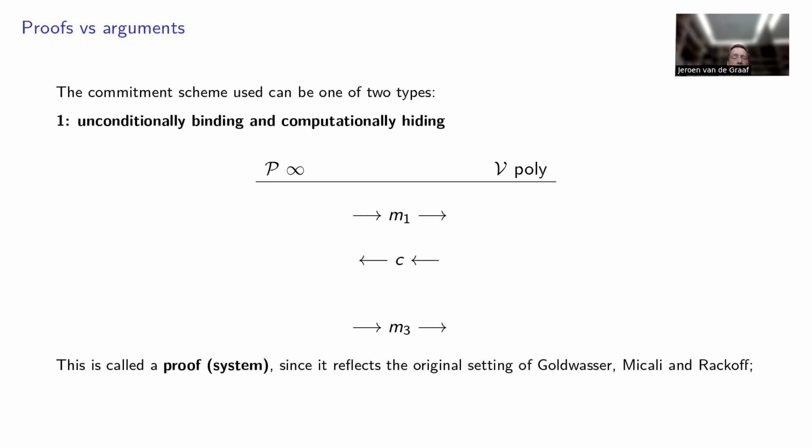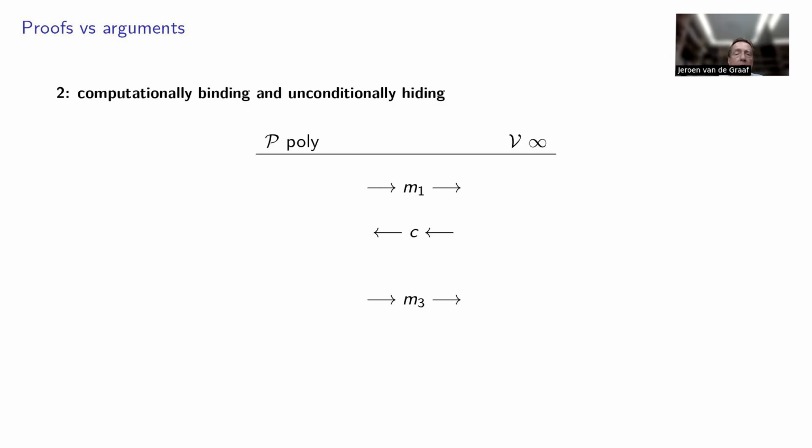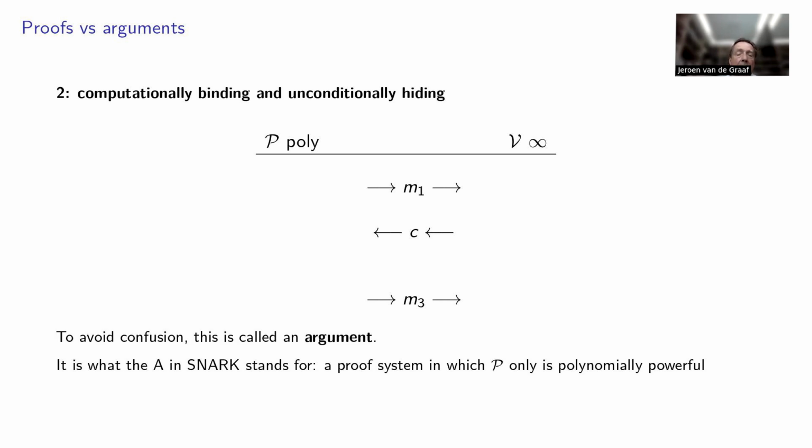So this setting we consider as a proof. Now, if we invert the conditions of the binding and hiding of the commitment schemes, so these were the examples, for instance, with the hashing and with the Pedersen commitments, then we have that the prover actually is polynomial time, and the verifier is infinitely powerful. And so these are meaningful protocols, but technically speaking, they are not proof systems, and to avoid any confusion, they are called arguments.